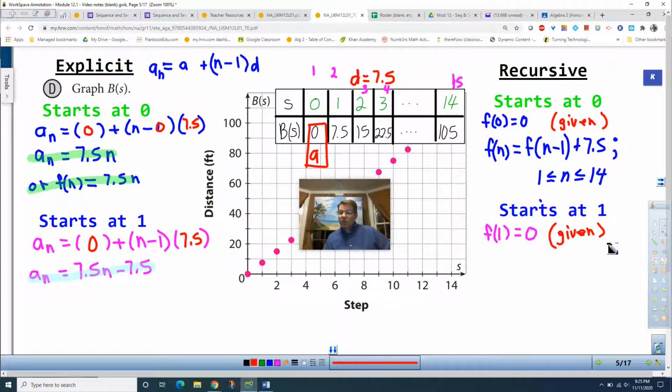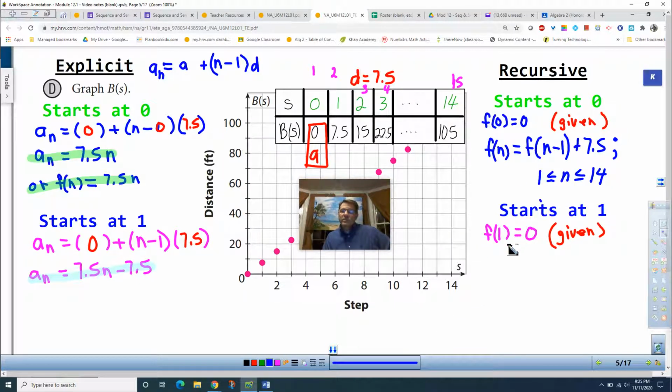So that's your starting point, whether you start at 0 or you start at 1. What about this next line? Is there anything I should change on this second line because we're starting at 1? With the explicit rule, we changed it from n minus 0 to n minus 1, didn't we? But with the recursive rule, there are no changes. It's identical.